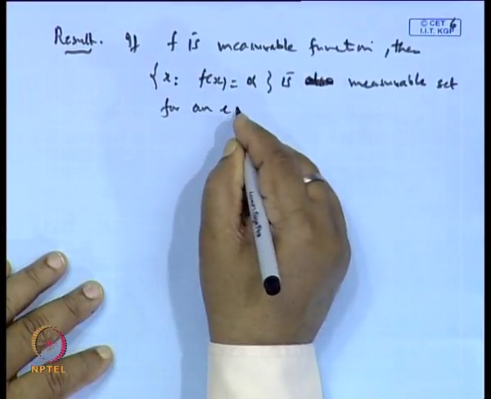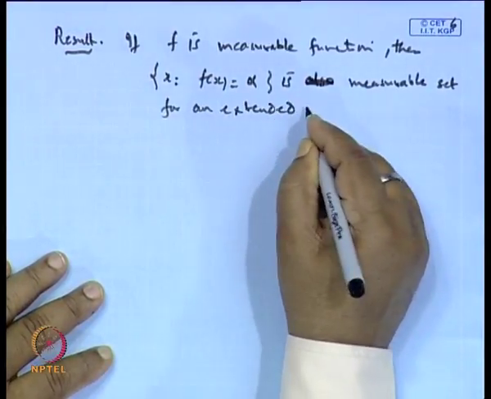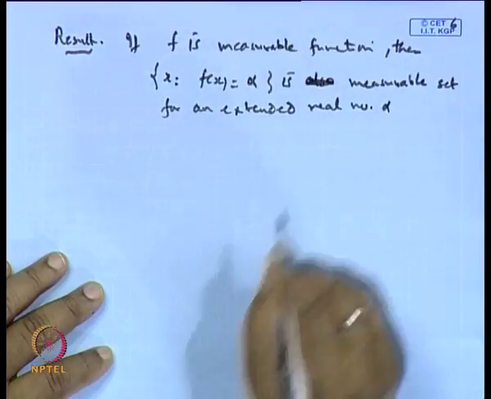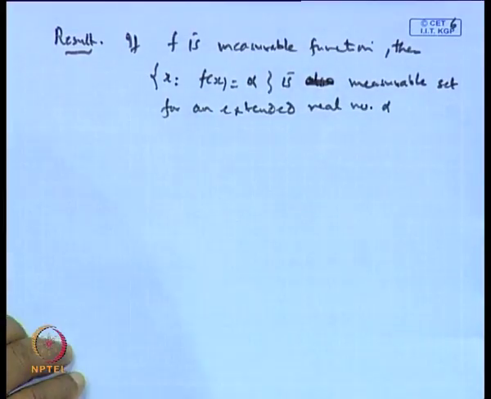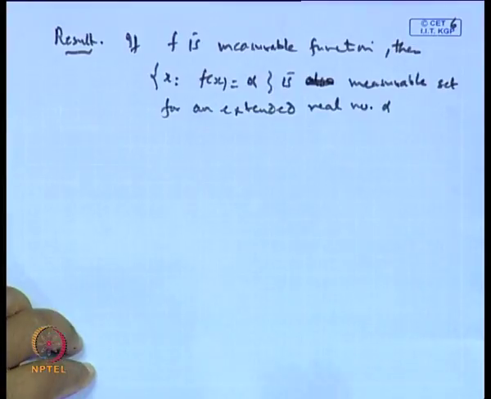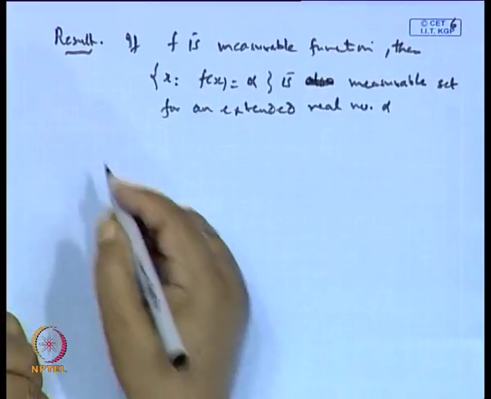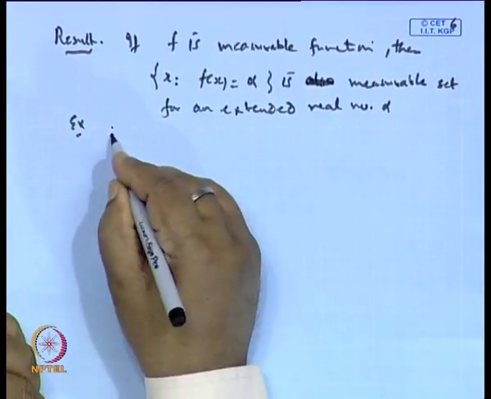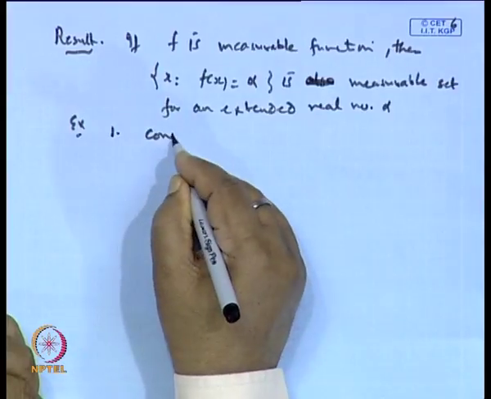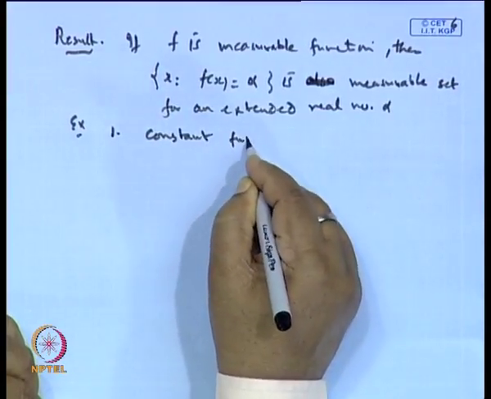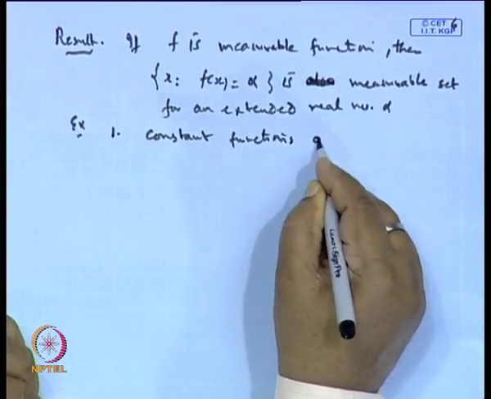So, even the set of x where f(x) becomes constant, these are all measurable sets if f is a measurable function. Every constant function is measurable. As an example, the constant functions are measurable functions.